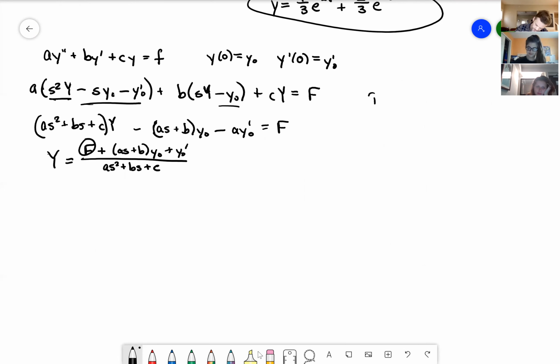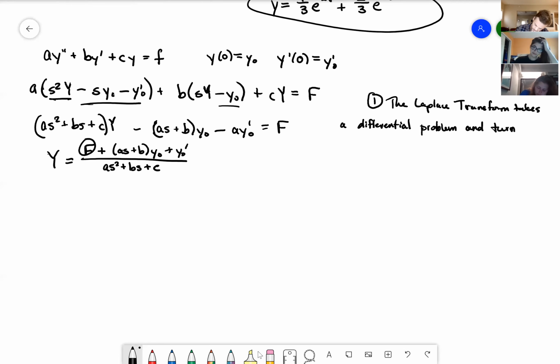First point, the Laplace transform takes a differential problem and turns it into what we rightly think of as an easier algebraic problem.